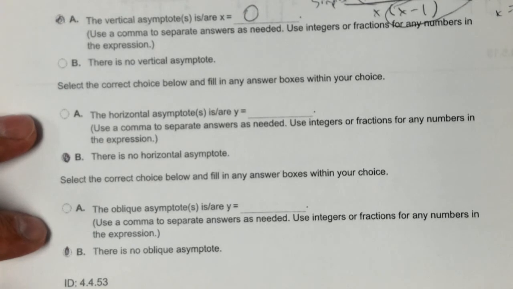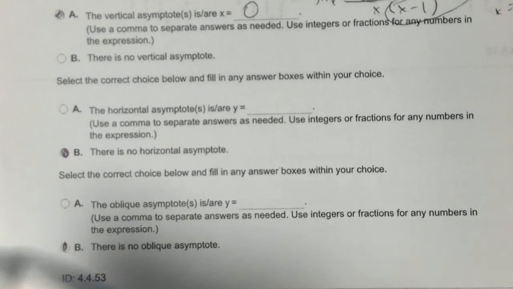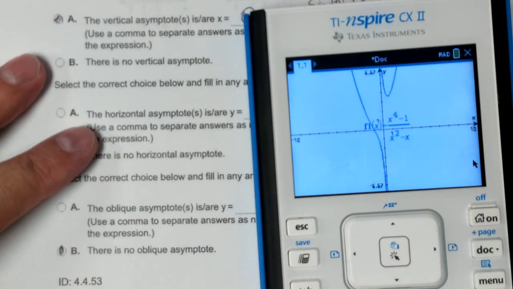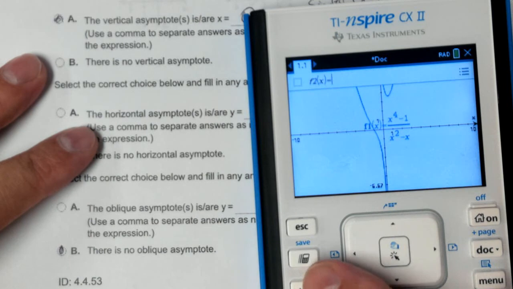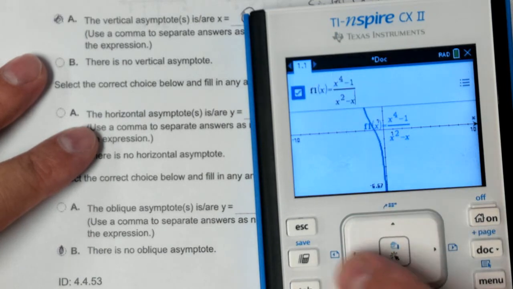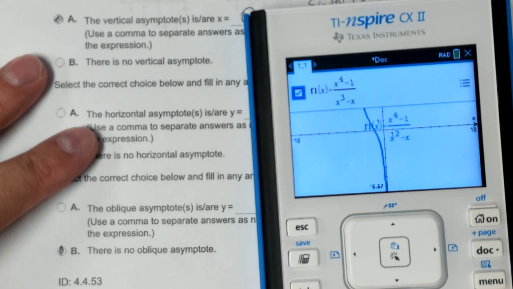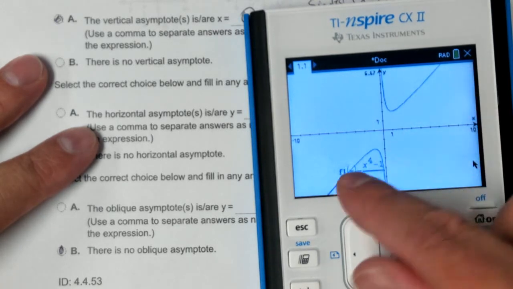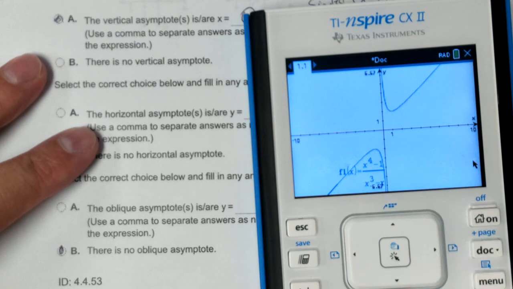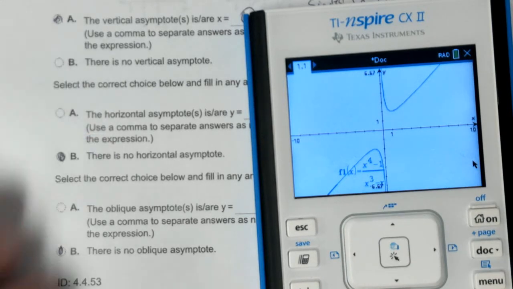Really, each question is independent, so you just need to look at every question. If I changed the question to say x cubed, then there would be an oblique, but there's still not a horizontal.